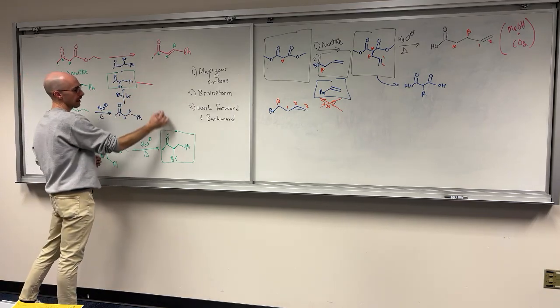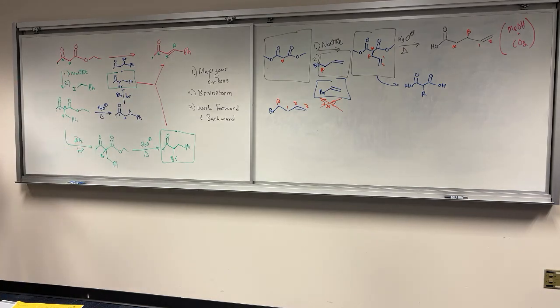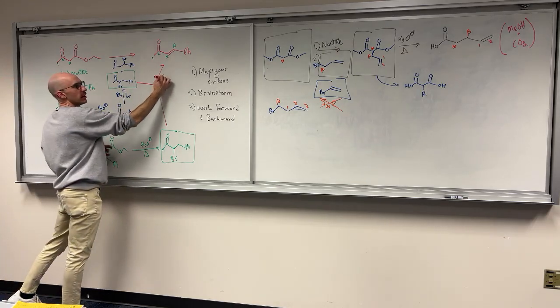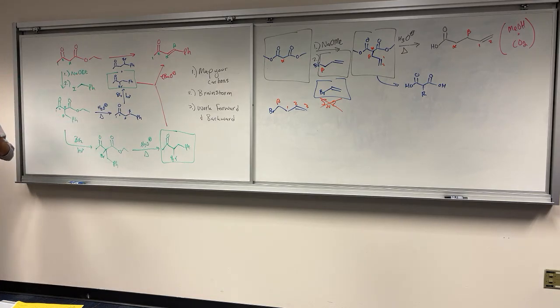And you can take that elimination a lot of different ways. I would prefer a big, bulky base, something that's only going to do elimination, something like tert-butoxide. You could run this with hydroxide and heat. You could run this with water and heat. You just might risk doing elimination and substitution.